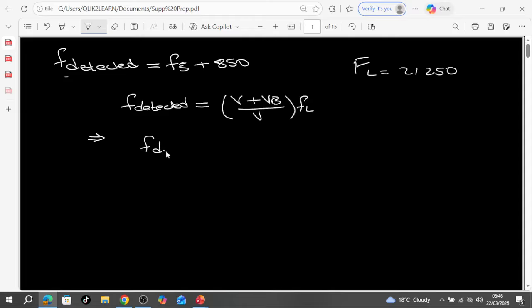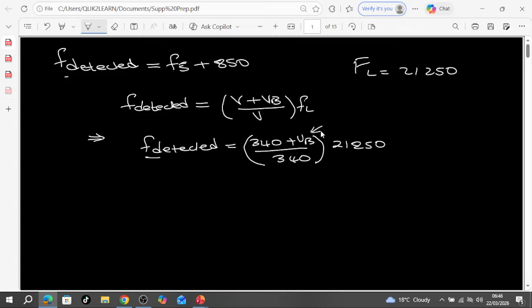So the frequency detected is equal to the speed, 340 plus VB, since we are looking for VB, divided by 340 multiplied by FL. We know that FL is 21250. So now we just have to work this out, because now we have two unknowns, F detected and VB, and we are looking for VB.